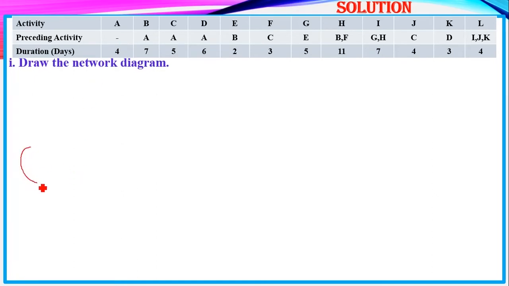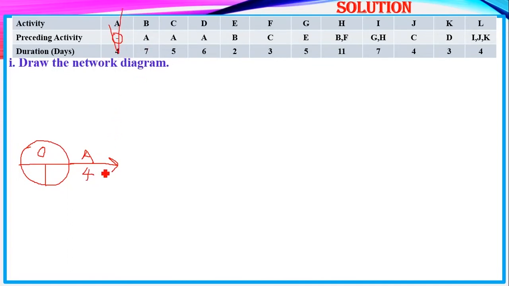So again, remember we said events are represented like that. So event 0, which is here, is coming from activity 0. So activity 0 precedes activity A. We can draw our activity A, and activity A takes 4 days. We are done with that.